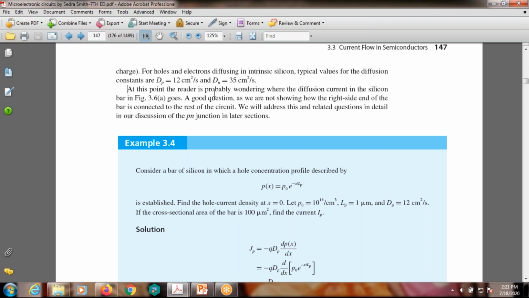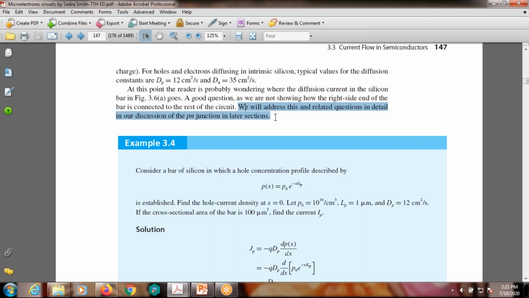At this point, the reader is probably wondering where the diffusion current in the silicon bar in the figure goes. A good question, as we are not showing how the right side end of the bar is connected to the rest of the circuit.